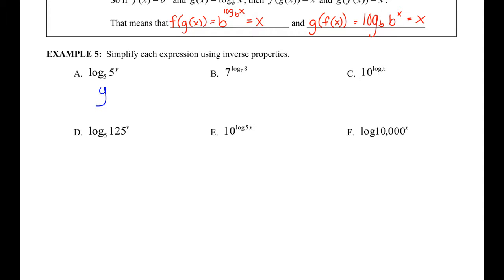Similarly, if I have a base raised to the power of a log with the same base, such as 7 to the log base 7 of 8, I can say my answer will be 8. And for example C, 10 to the log of x, remembering log of x has a base of 10, my answer is just x. We will go through the remaining examples in class.